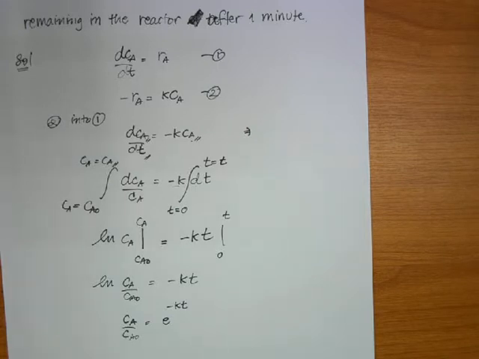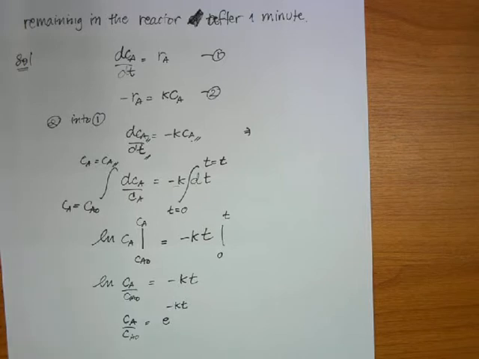Now, the question is asking, what is the fraction of reactant A? When we're talking about the fraction of reactant A, it means the amount of A compared with when you put it in at the beginning. What would be the amount of A still left inside the reactor at time 1 minute?